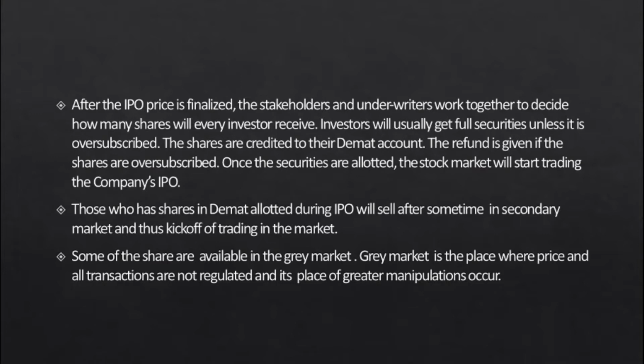Such people try to grab the shares from the secondary market. That's how price and demand and supply start in the market, as I explained before, and this is known as the secondary market.